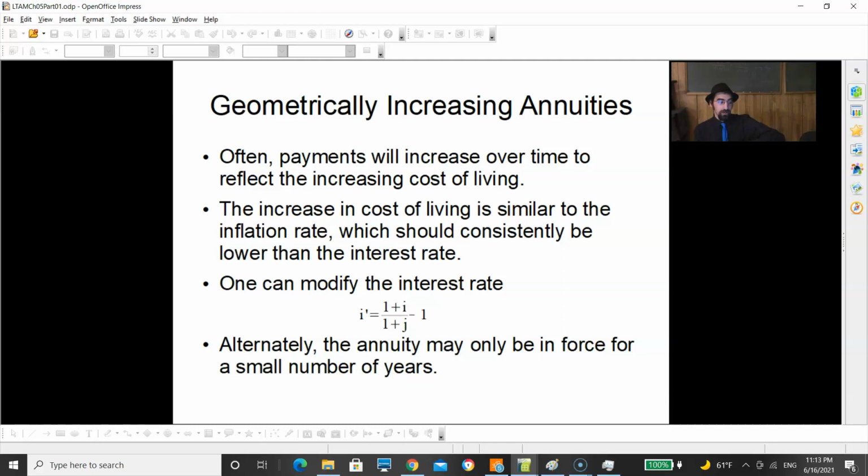Which means it gets divided by 1 plus i over 1 plus j. Right, so this is kind of like a modified growth rate, and so the interest rate is just that growth rate minus 1.